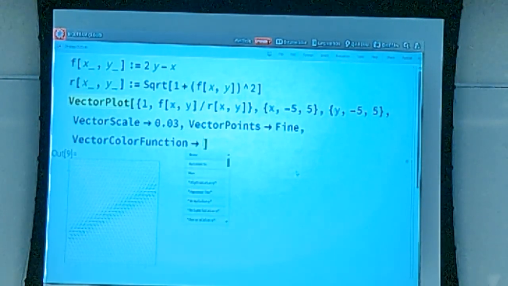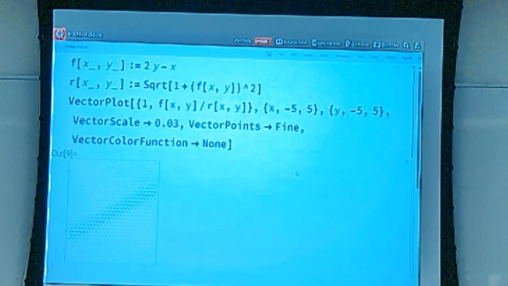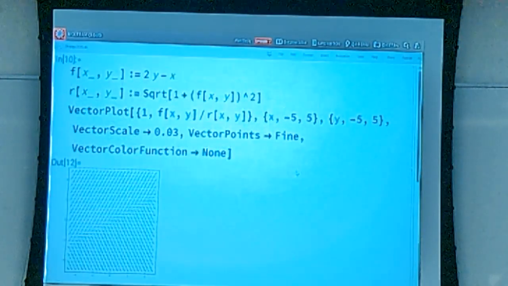I did black. What if I do the same effect? That's fine.